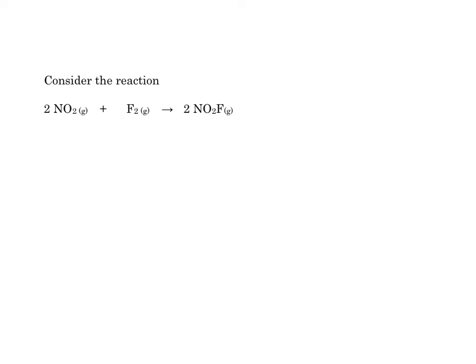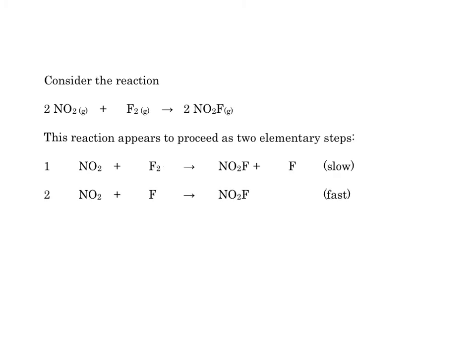So usually the maximum it can happen in one step is 3, but more likely it's either 1 reactant or 2 reactants. So what do we know about this? We've got 3 reactant molecules, and it actually appears to proceed as 2 elementary steps. So this is how normally the steps are written out.